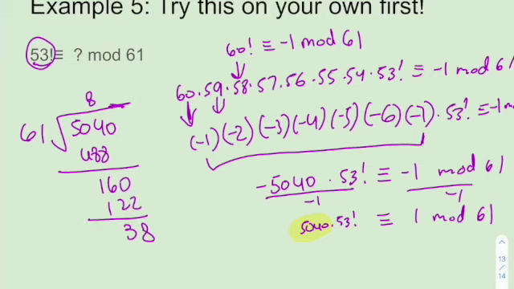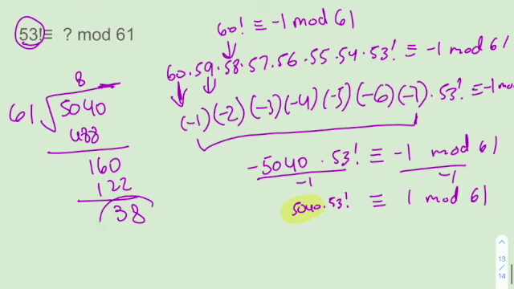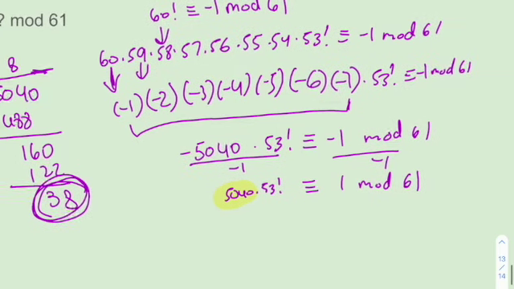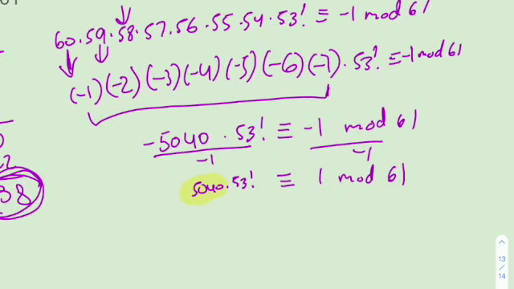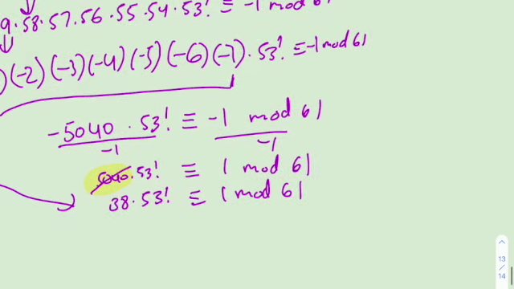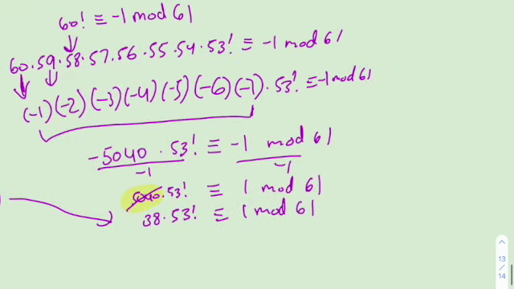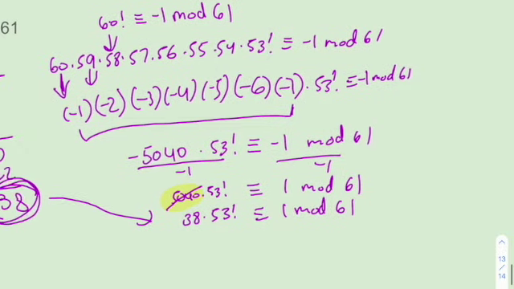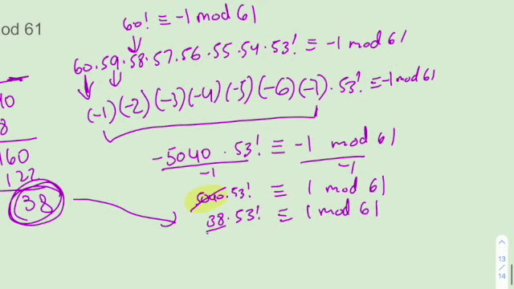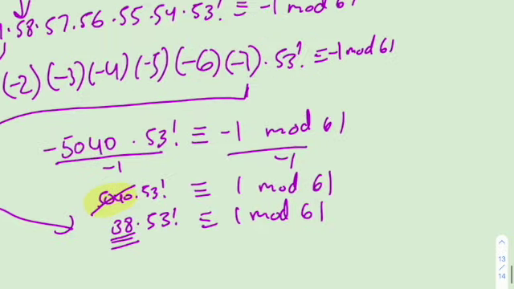So we have the number 38. So now let's cross this out, and we have 38. Now let's use the Euclidean algorithm again to find the inverse of 38, so then we can isolate the 53 factorial out.